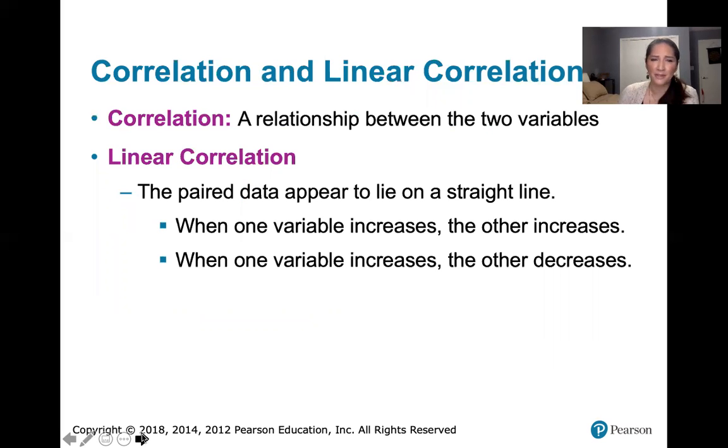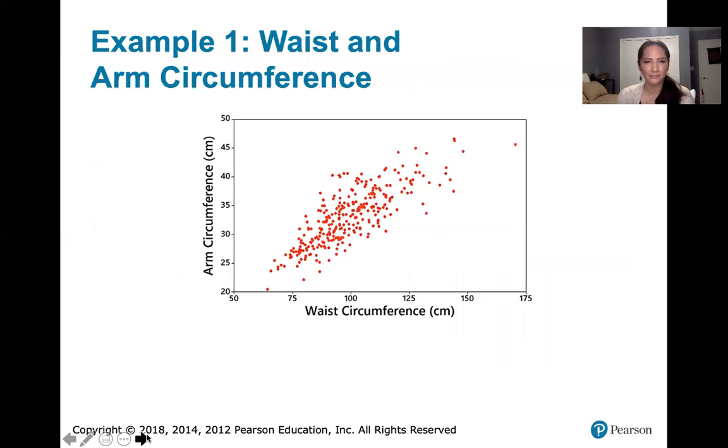Or maybe it's possible that as one variable increases, the other one decreases. If one variable increases and the other one increases, and the data appear to lie in a straight line, we would say that that's a positive linear correlation. If one variable increases while the other one decreases, and the data appear to lie on a straight line, we would call that a negative linear correlation.